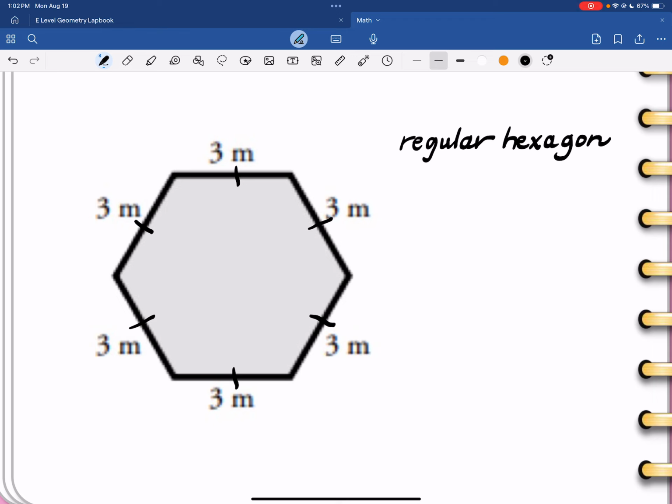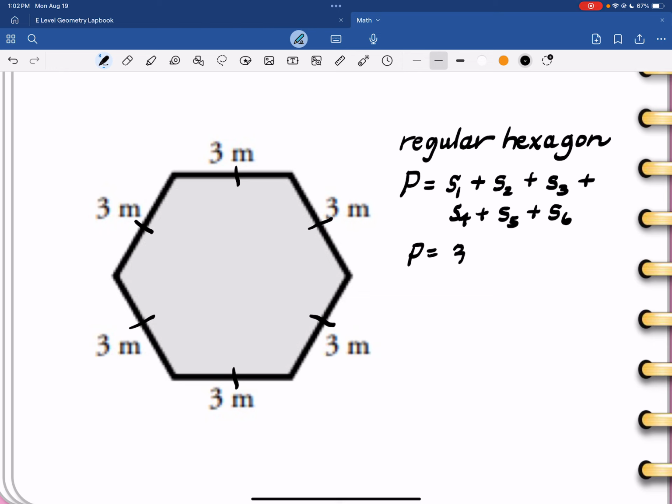So to get the perimeter, you would take side 1 plus side 2 plus side 3 plus side 4 plus side 5 plus side 6. Now that's a pain to write all that out.